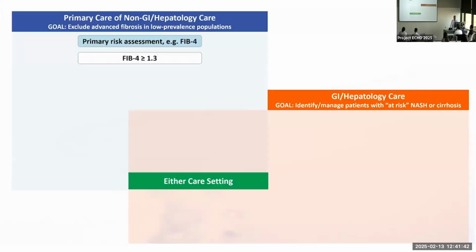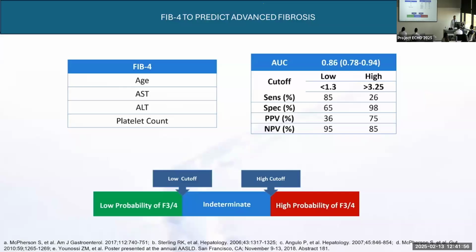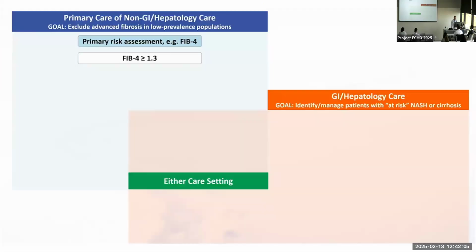So let's start. We have a fatty liver patient, just as we had with imaging like ultrasound. The easiest and most reachable test to do is FIB-4. Remember, we have a low cut point and a high cut point. If it is lower than 1.3, it means that you can exclude advanced fibrosis.